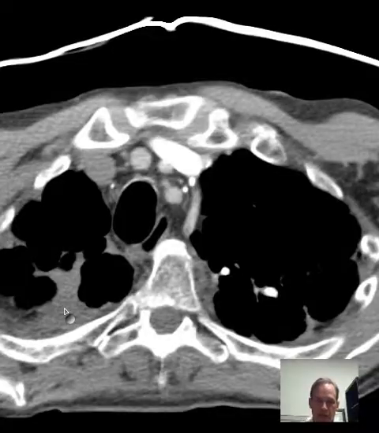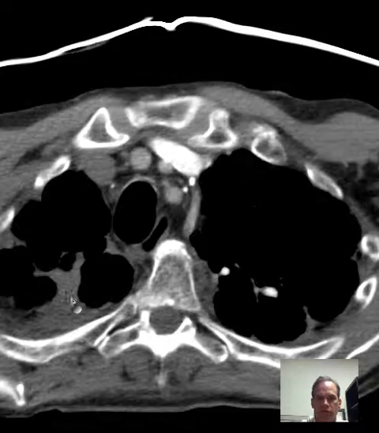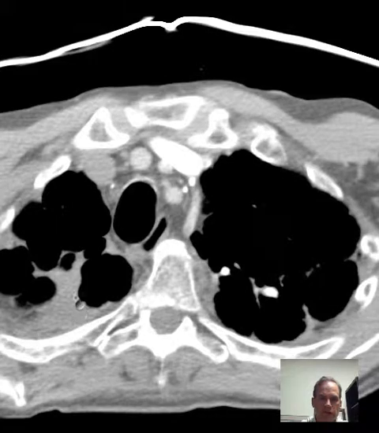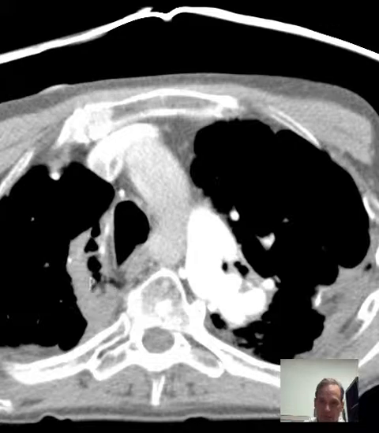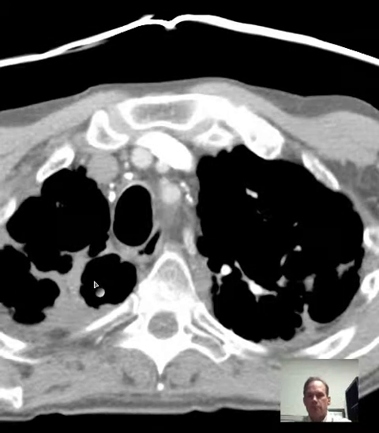This is not right. We have these areas of soft tissue attenuation. There are areas of frank soft tissue that are the same attenuation as muscle. And look at this. This is not a vessel, so there's pleural thickening. And these are areas of fibrosis, basically scarring.